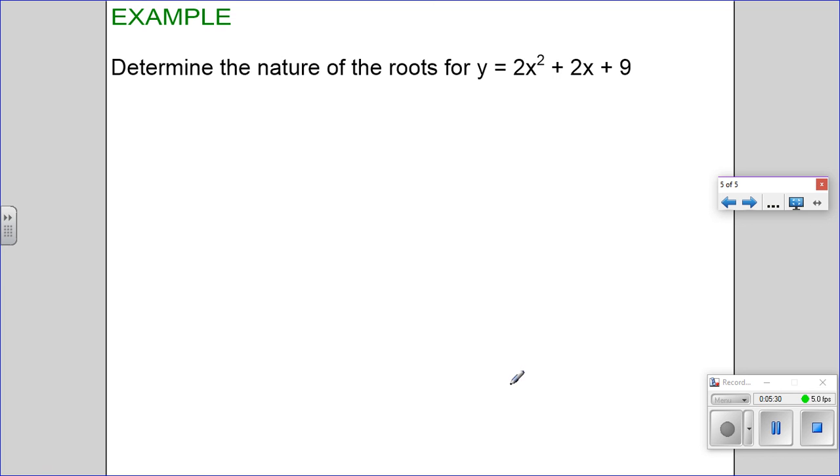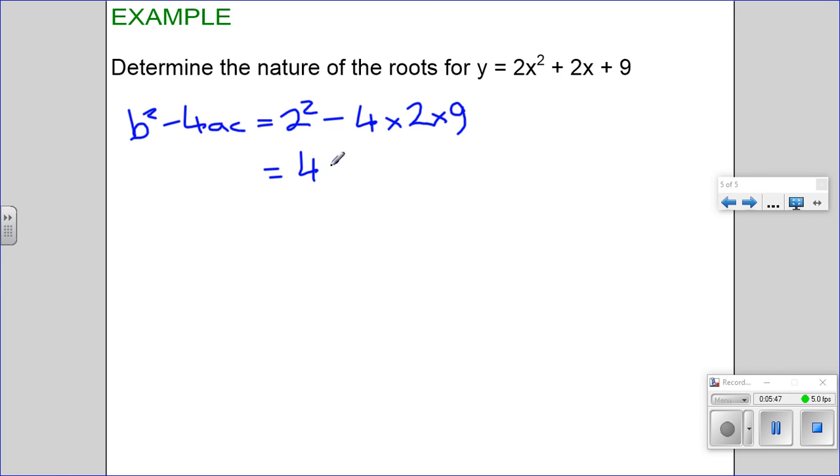So let's look at the final example, and we'll change it to blue this time. We've got 2x squared plus 2x plus 9. So b squared minus 4ac is going to be 2 squared minus 4 times 2 times 9. So we would get 4 minus, and then 8 times 2 is 8, times that by 9 is 72. 4 minus 72 is negative 68.